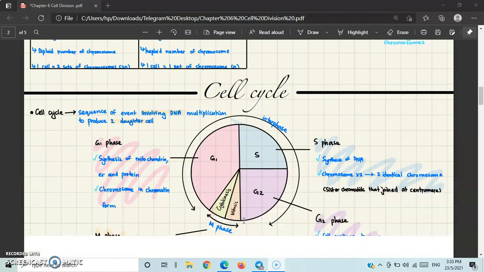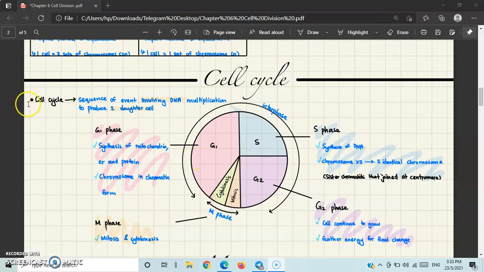Okay, next we go to the cell cycle. What is the cell cycle? It is a sequence of events involving DNA multiplication to produce two daughter cells.